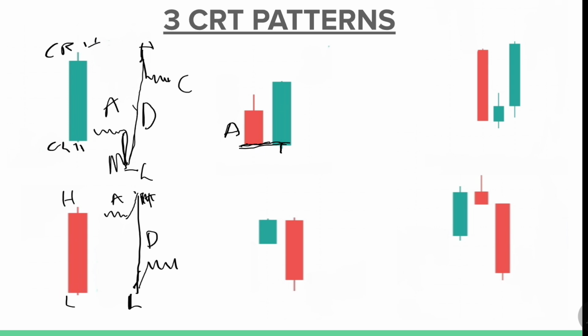So for the double candle pattern, you see that this low was taken out by this bullish candle. The low was taken out, and then you have the manipulative phase. There is an accumulative phase on this red candle, and now the low was taken out right there, and then you have the distributive phase.